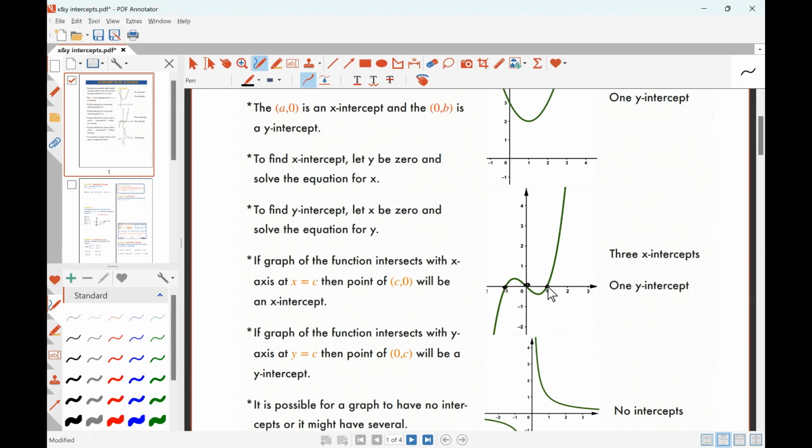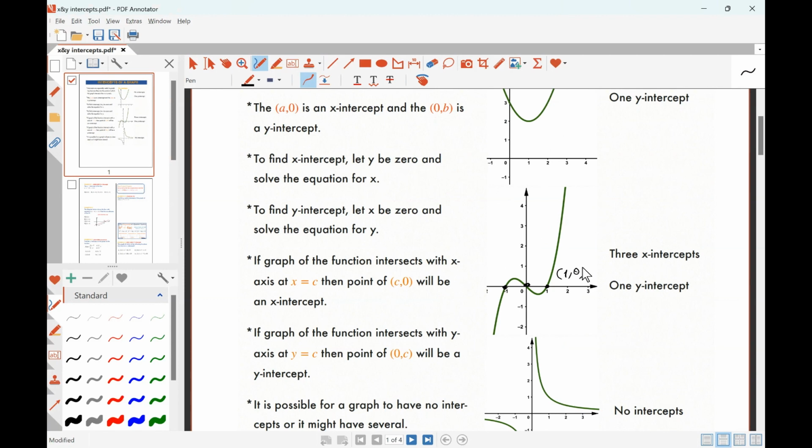When we write the intercepts, since the point is on the x-axis, the y-coordinate will be 0. We write the point as an ordered pair, with the x-coordinate, which is 1 here, and its y-coordinate is 0.